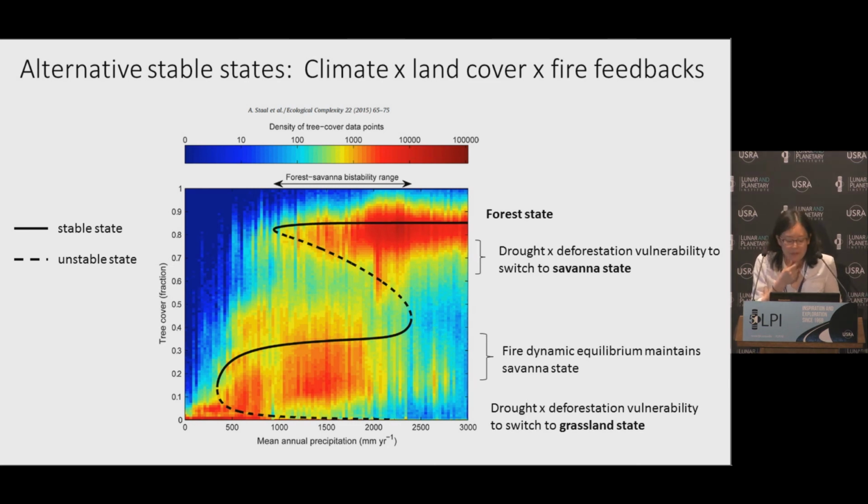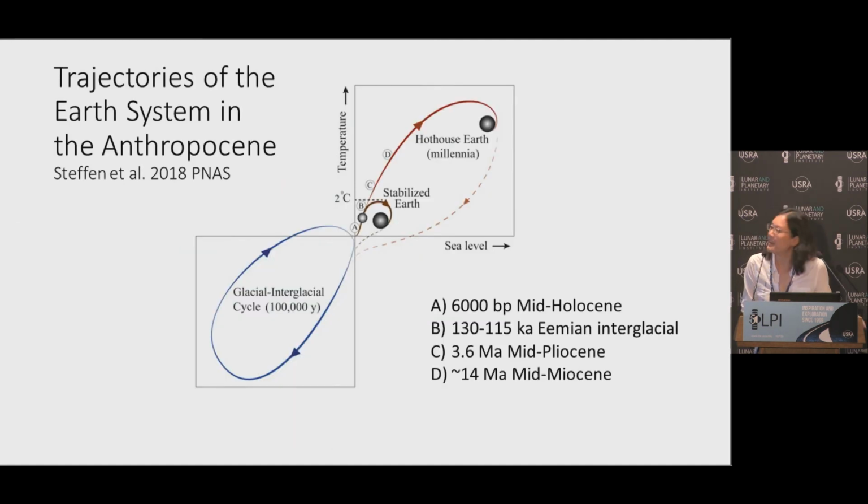Then a dynamic equilibrium could maintain that savanna state with fire going on. But then a drought could also kick that system down to a pure grassland state if it's vulnerable to drought. And there are other examples where you could go to desertification. So you could go to your vegetation red edge and then bare soil and not see the signal. So these things are interactive, something to account for if you're going to simulate life on another planet.